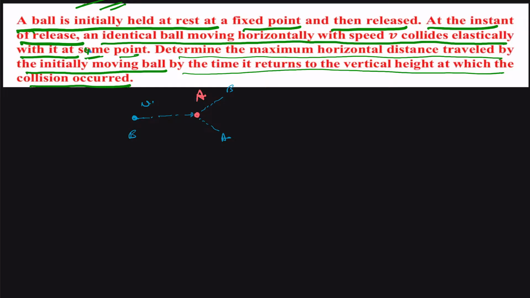So if this is the level at which it is traveling, ball B is going to trace out somewhat of a projectile path. We have to find out the time it takes to come to the same vertical height. So this is a combination of conservation, collision as well as projectile motion.